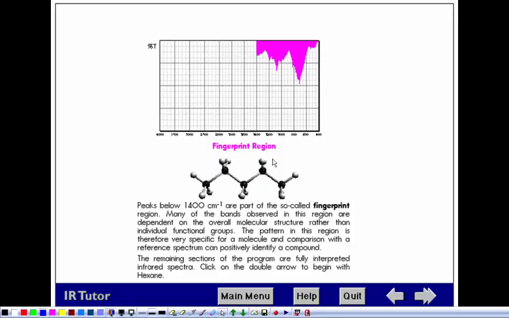Sometimes you'll see infrared used in these forensic shows. Sometimes they'll use it to identify mysterious white powders. You can put the white powder onto an infrared and get its infrared spectrum, and then try and match that spectrum up with other authentic samples of white powders that you might have lying around the lab, so that you can say, oh, well, that's cocaine, or that's baking powder, or that's anthrax.